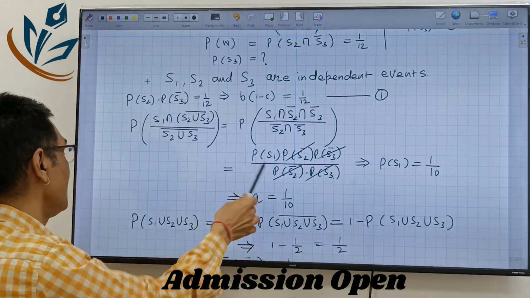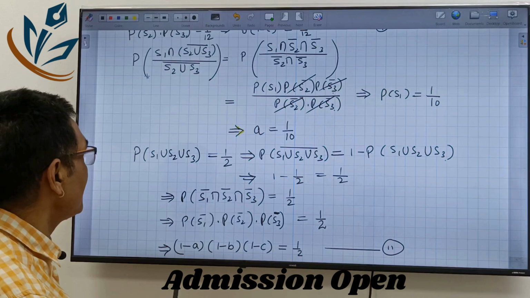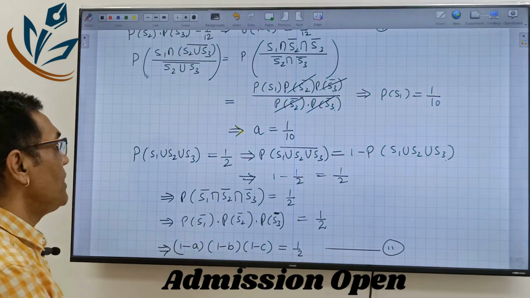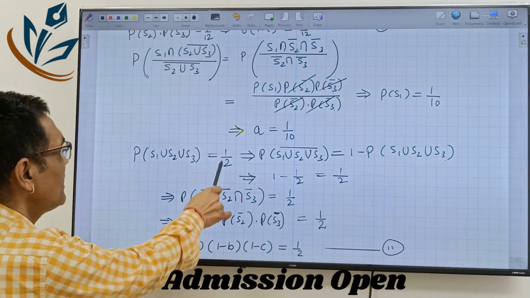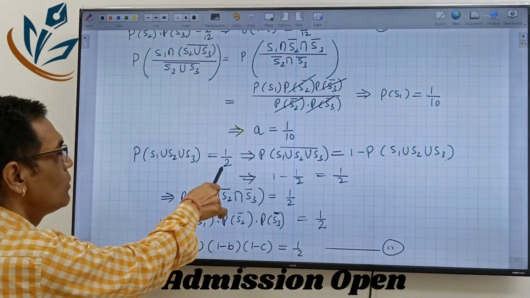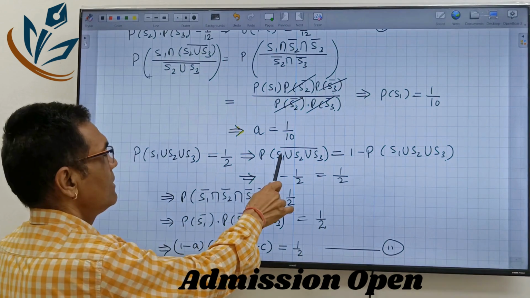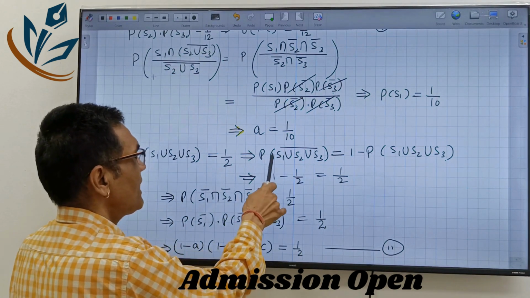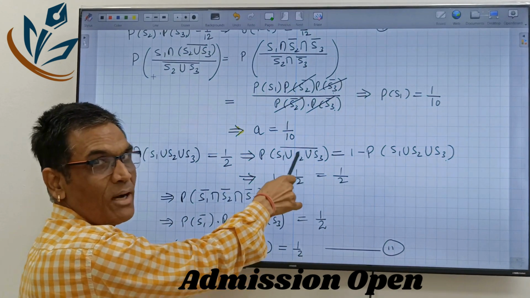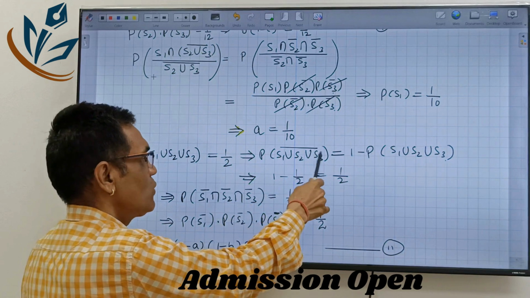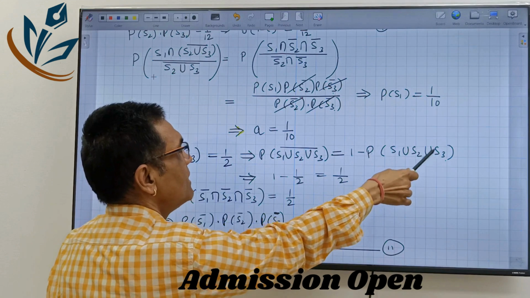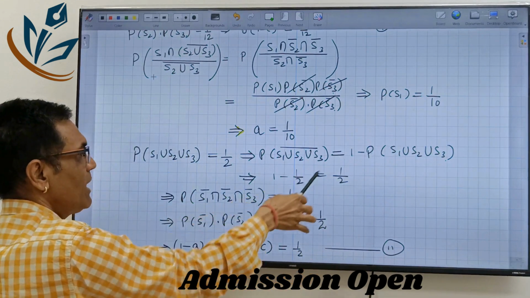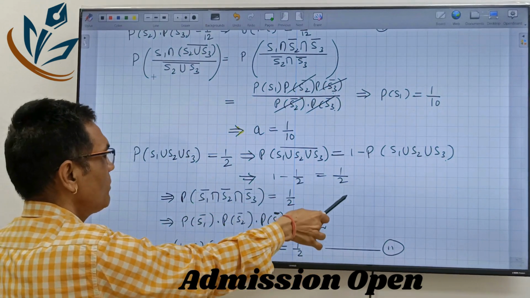Once again, P of S1 union S2 union S3 is already given as 1 by 2. That means if I want the complement, P of (S1 union S2 union S3) bar, it has to be 1 minus P of S1 union S2 union S3. So 1 minus 1 by 2 gives 1 by 2.